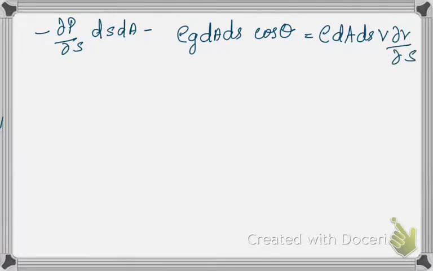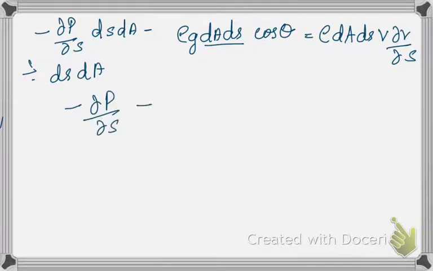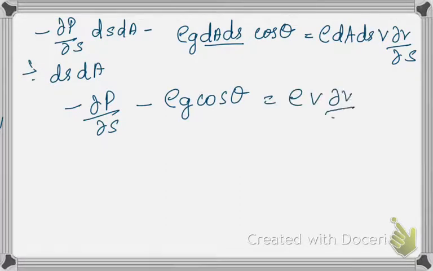So if we take in all the places, we have dA ds, so I can just divide by ds dA: minus ∂p/∂s minus rho g cos theta is equal to rho v ∂v/∂s.